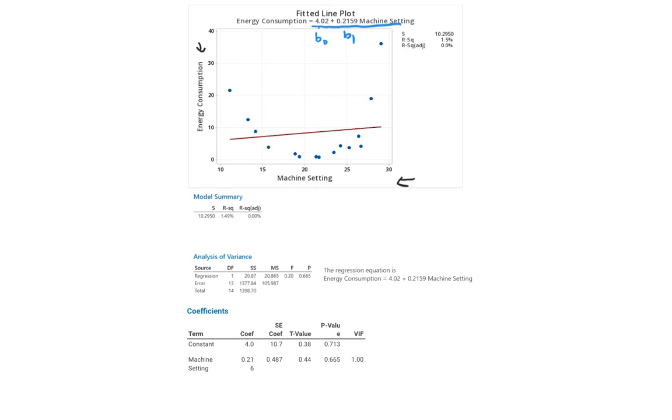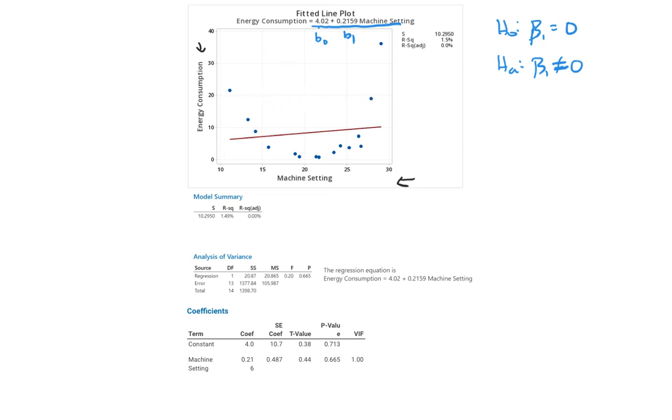So we can run the same hypothesis test that we did, where our null hypothesis is the slope is 0. So is there no linear relationship? And the alternative hypothesis is that there is a linear relationship, which means the slope isn't 0. Remember, no linear relationship is just a straight line across.